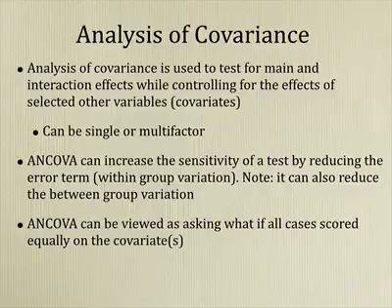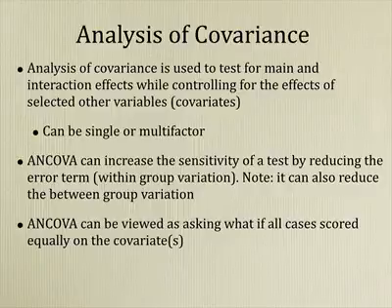If the covariates are selected in such a way that they reduce the within group variation, that would be a good thing, because remember the F is between divided by within, and so if we can reduce the within, even if our between stays the same, our F value would be greater, all things being equal, right? That's some of the thinking behind ANCOVA, that we can reduce that within group variation.